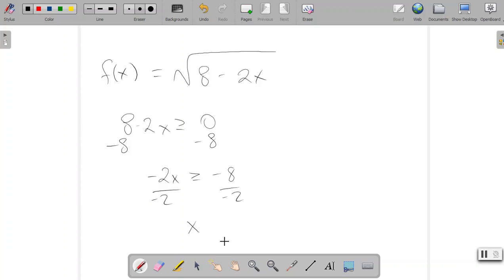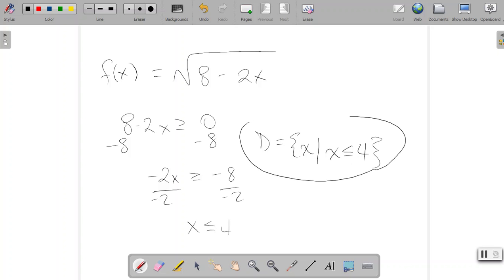It's been a while since we talked about this, people, but remember, when you divide or multiply an inequality by a negative, you switch the sign of the inequality. It goes from greater than or equal to less than or equal. Negative 8 divided by negative 2 is positive 4. So now domain is x so that x is less than or equal to 4. That's the answer for that.